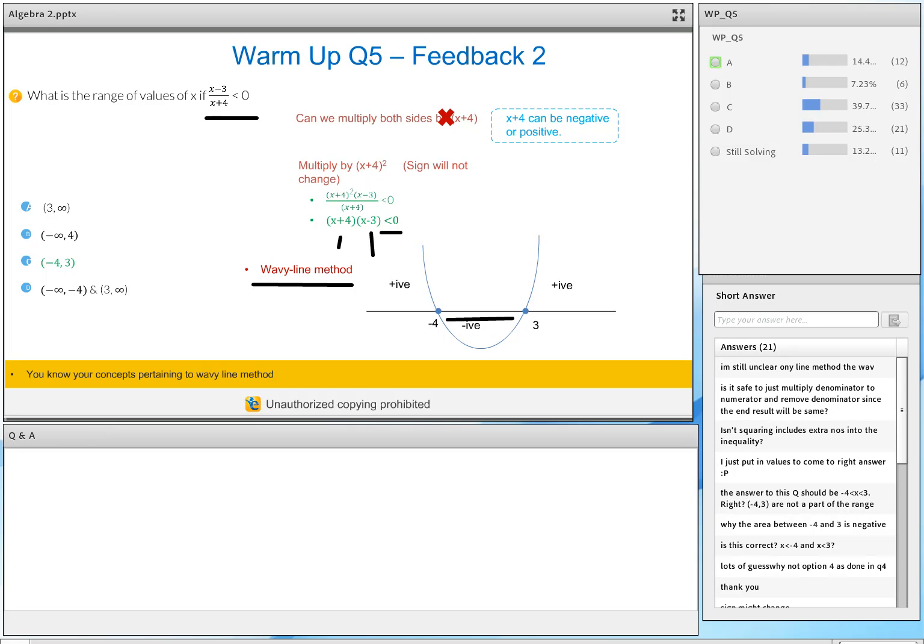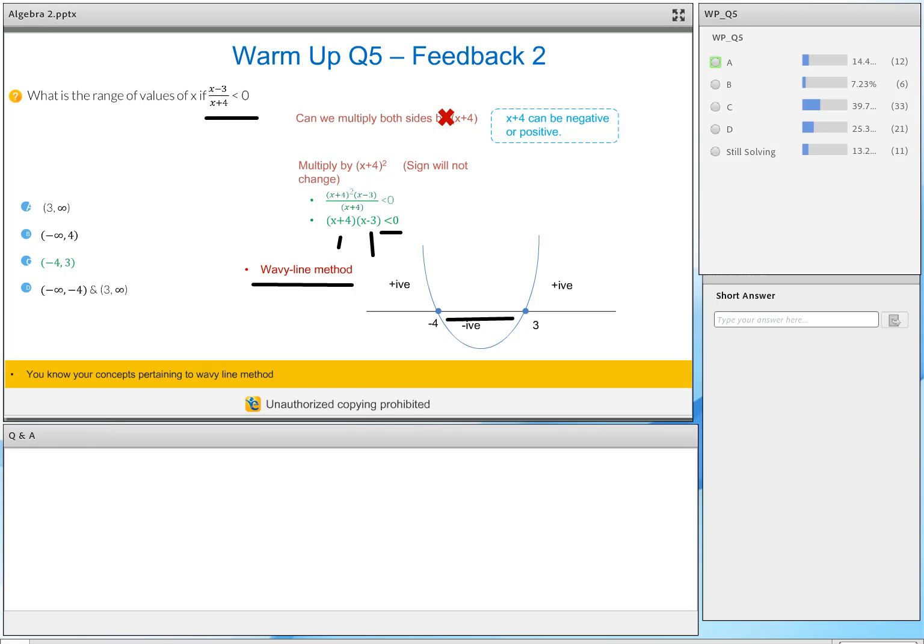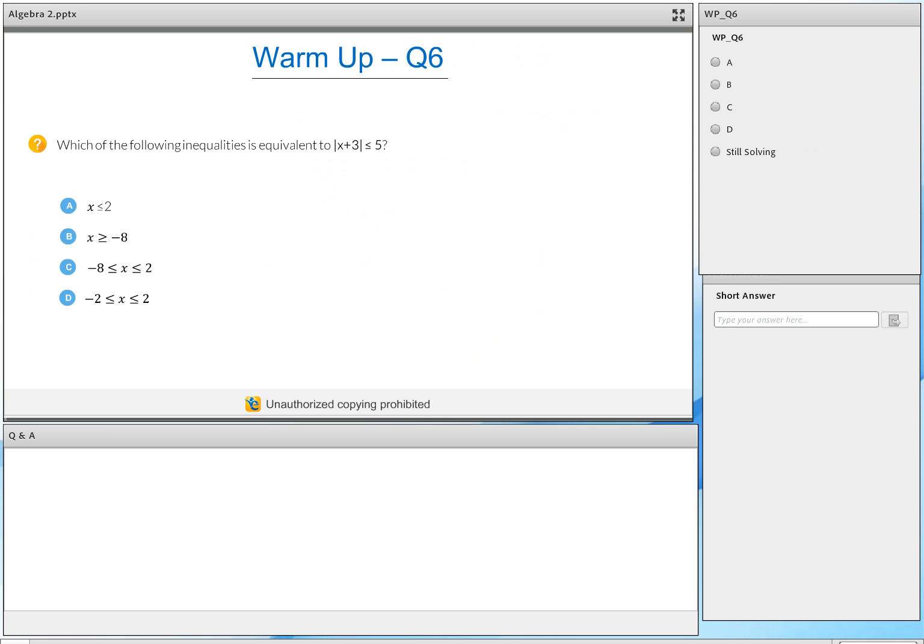Okay. All right. So let's now come to the last question here in this warm-up section. And here is the poll for you. Okay, can you please click on still solving? All right, here you go.